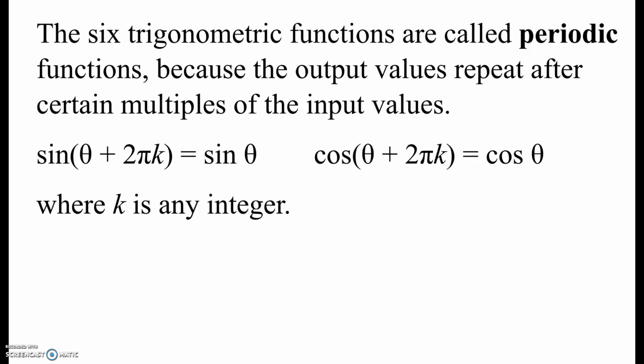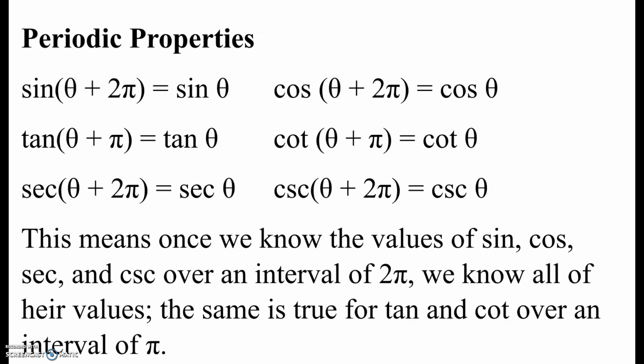So every time we add or subtract 2 pi from sine or cosine, we get the exact same value as we would get if we didn't add 2 pi. And that fact is actually going to help us along with the other periodic properties of the trig functions.